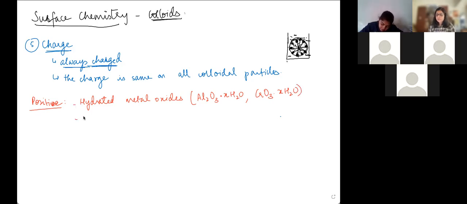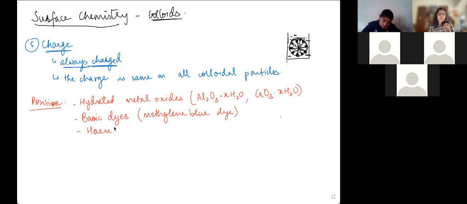Then the basic dyes, meaning dyes that are basic in nature, for example methylene blue. Hemoglobin is an example of a positive charge. Hemoglobin has iron, which helps in oxygen bonding to it.